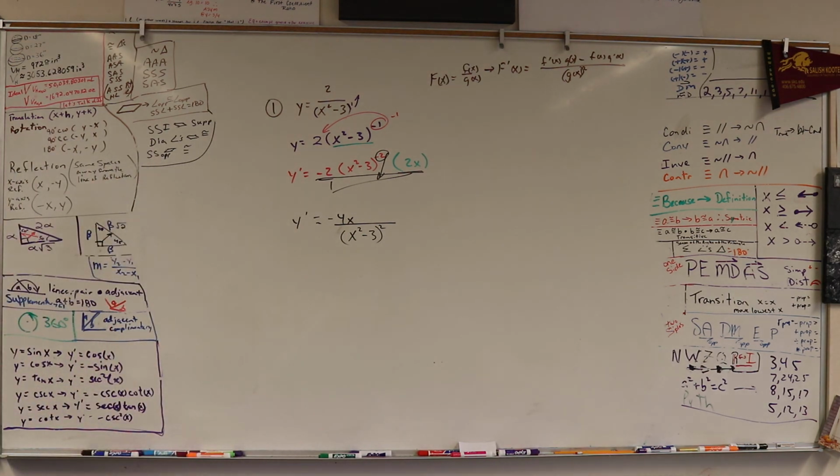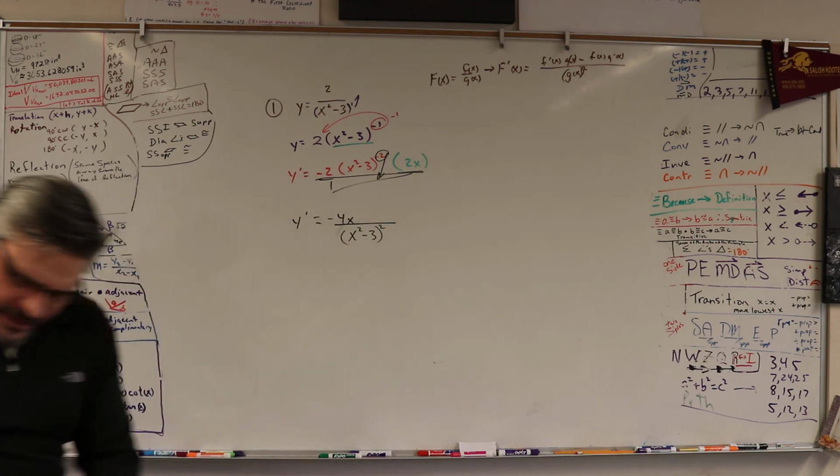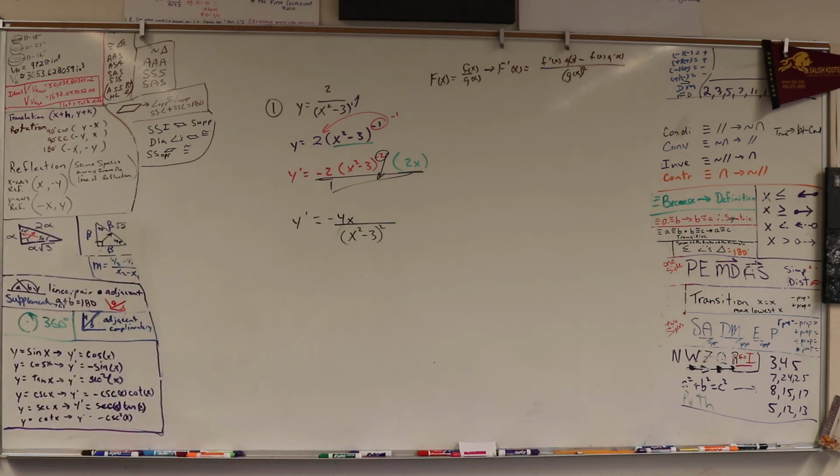Let's see if that's even right, first of all. So that'd be number 1? Is that correct? No. The book has negative 4x over x squared minus 6.